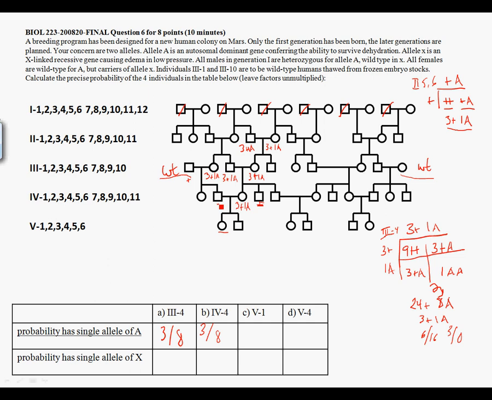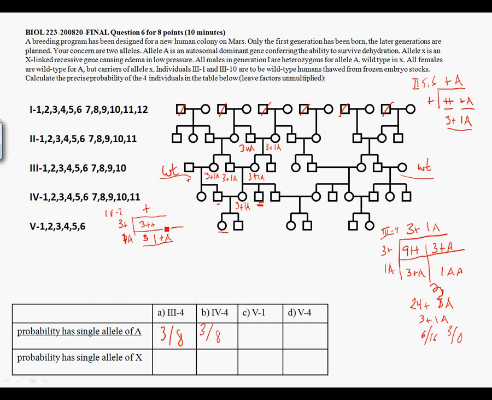So to determine 4-2, I would make another Punnett square in which I'll show the father produces only wild-type gametes and the mother produces 3 wild-type per 1 mutant, and that means we have 3 chances of homozygous wild-type to 1 chance of heterozygous.